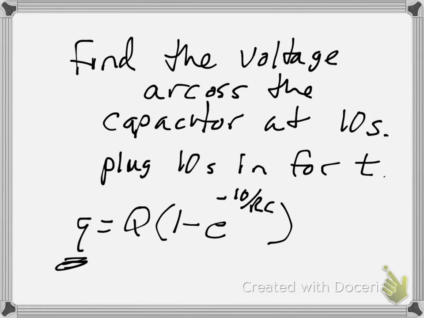So you'll calculate this value of Q. Then you can use the fact that the voltage across the capacitor is going to equal the charge on the capacitor divided by its capacitance. So you can find the voltage across the capacitor.